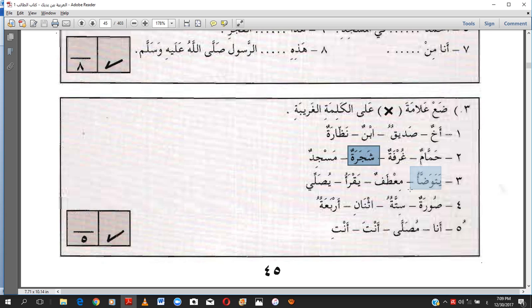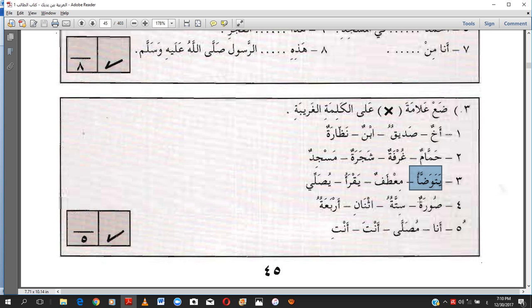So if Abdullah is in the hammam over there making wudu, and I ask you, Aina Abdullah, what will you say? هو يتوضأ. If Fatima is over there making wudu, and I ask you, Aina Fatima, what will you say? Tatawadda. For the people that were in class taking notes, right? ماذا? تتوضأ.